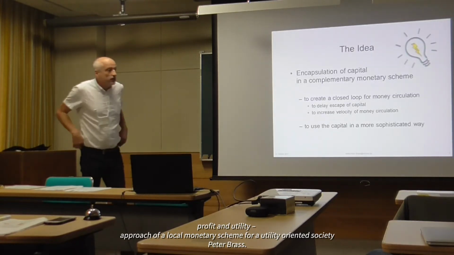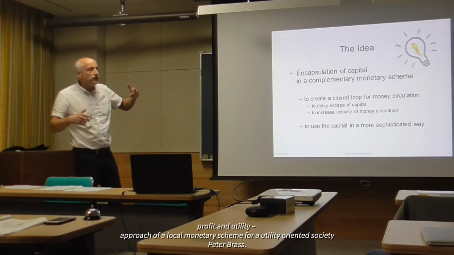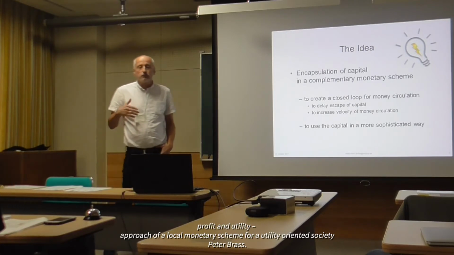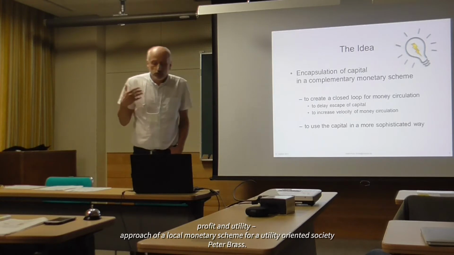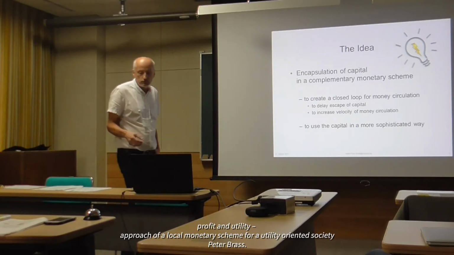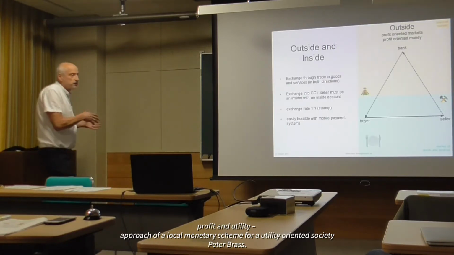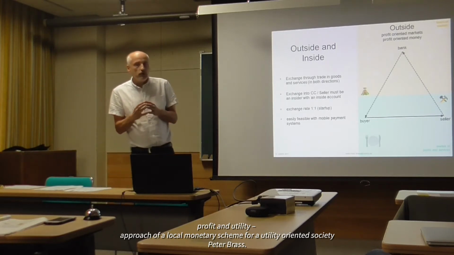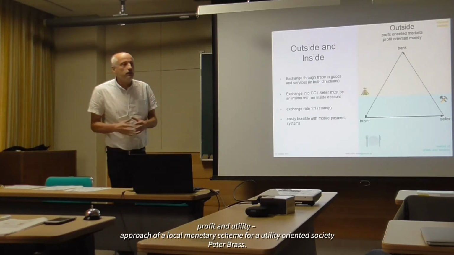So, back to the idea to divide the price in two parts. In practice, this is the encapsulation of capital in a complementary monetary scheme to create a closed loop for money circulation. We want to use capital in a more sophisticated way. Encapsulation means that we distinguish between outside and inside. Outside is the profit-oriented global market with the profit-oriented legal tender.